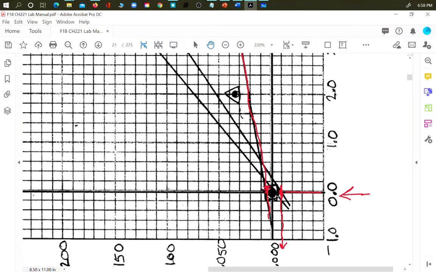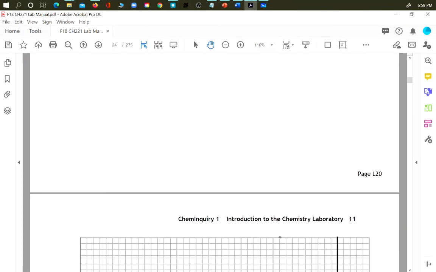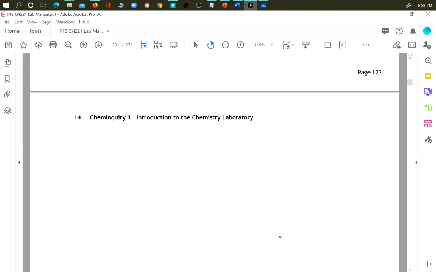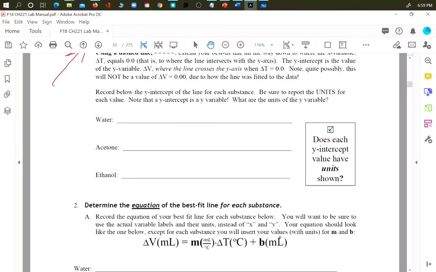This got kind of messy in here, but this line looks like it crosses the y-axis right over here. So you just read that off the graph, and then that goes back in that table. Let's go back to the table. If you think your line goes through 0, you would report 0.000 milliliters.